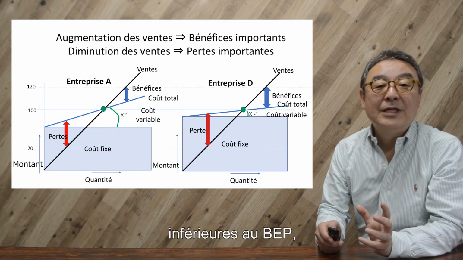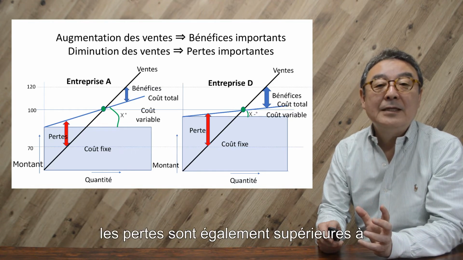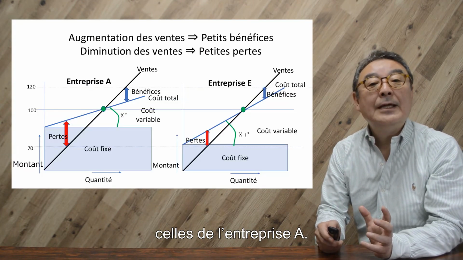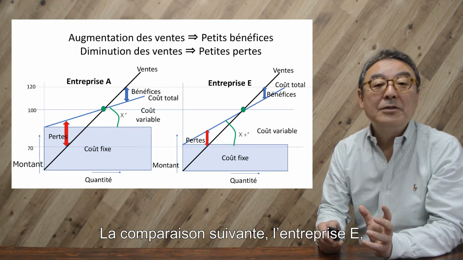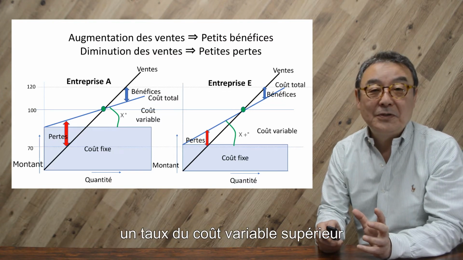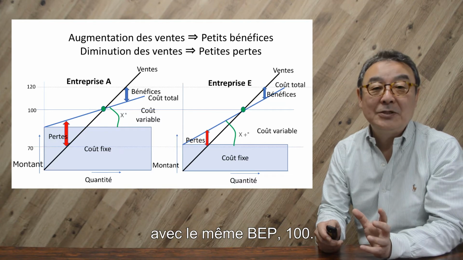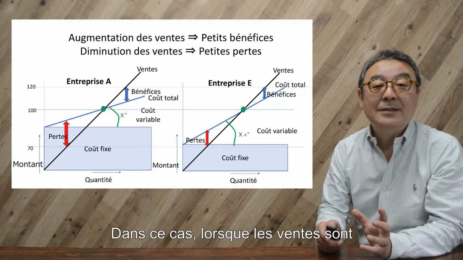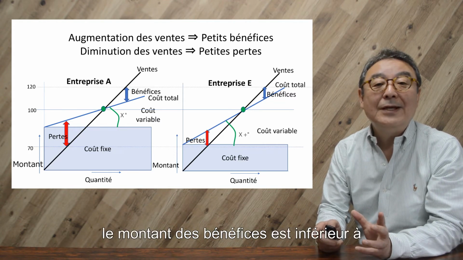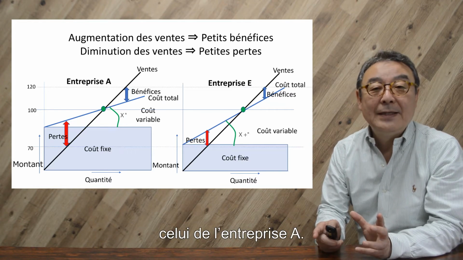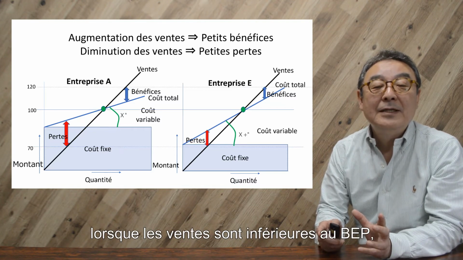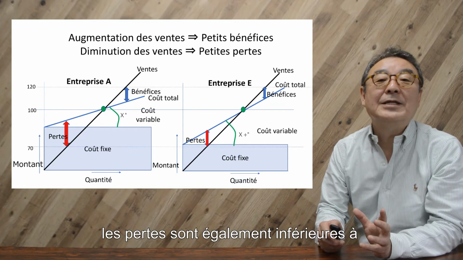Also, when the sales reduce from BEP, the loss is also bigger than A company. Next comparison. E company has lower fixed cost and higher variable cost ratio, with the same BEP 100. In this case, when the sales increase from BEP, the profit amount is lower than A company. However, when the sales reduce from BEP, the loss is also smaller than A company.